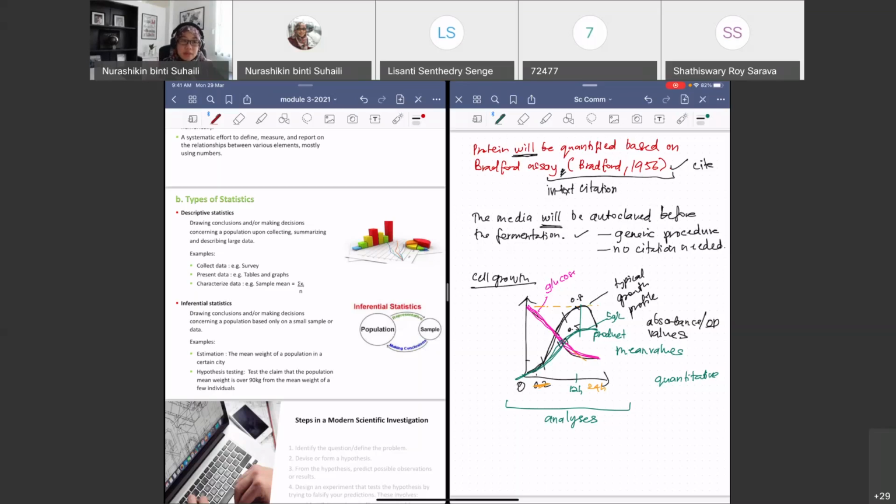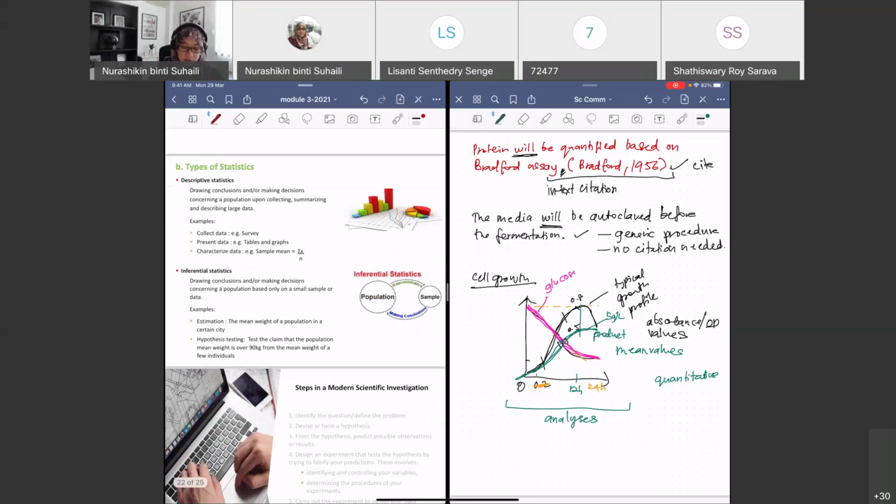So I describe things as they are, whatever data I have. That kind of statistics is descriptive. Descriptive means that you describe it. The word comes from describe, as it is. So this type of statistics is called descriptive statistics.